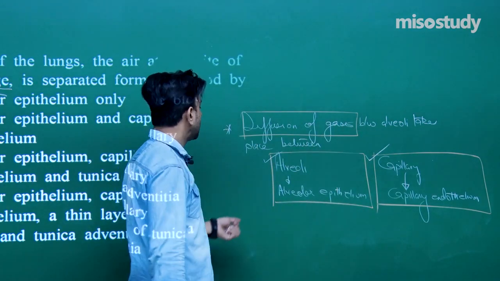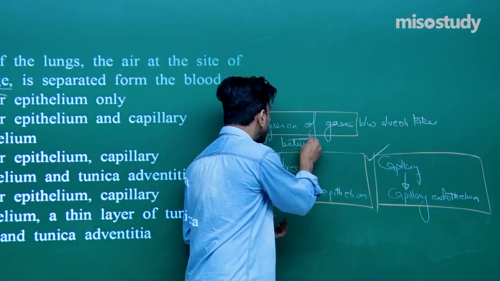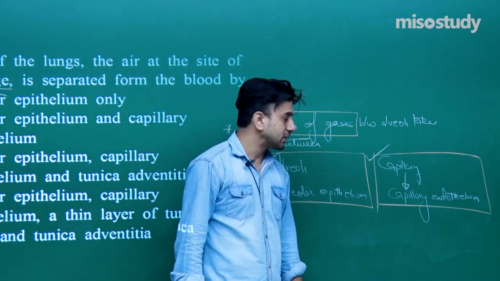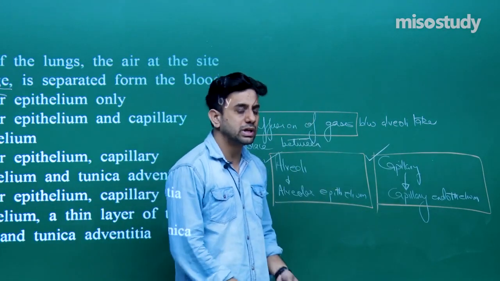So, diffusion of gases takes place between the alveolar epithelium and the capillary endothelium.